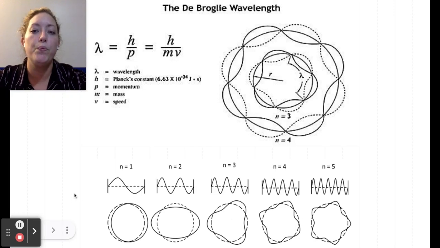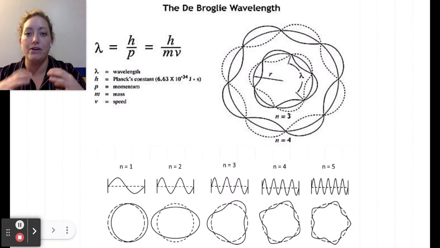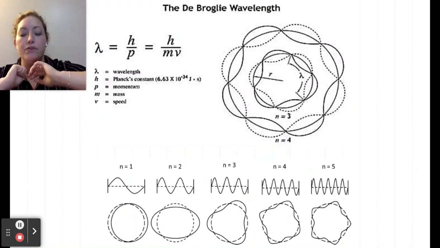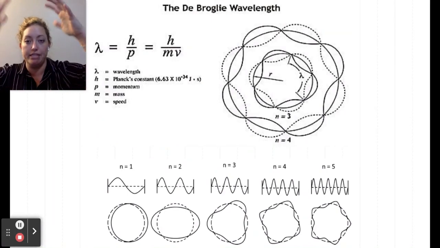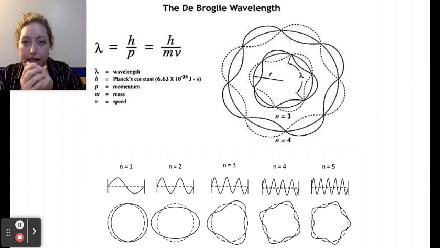Okay, so this ties it all back together in saying that these electrons have to have a certain amount of energy in order to exist further away from the nucleus. If you have electrons far away from the nucleus, they have to have a lot of energy to be out there because the nucleus is attracted to these electrons.